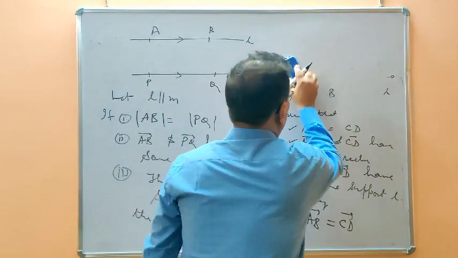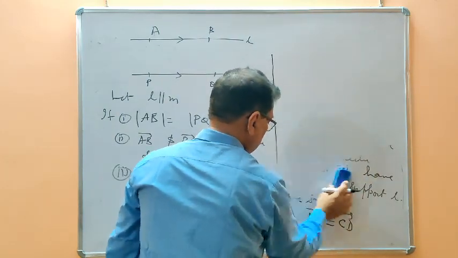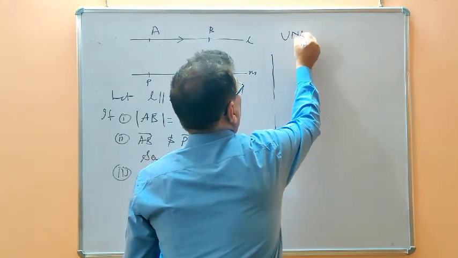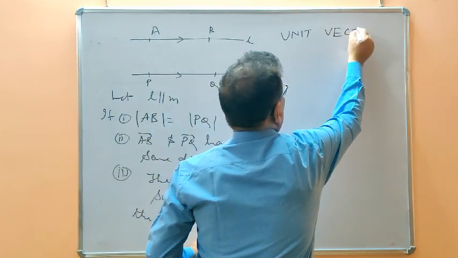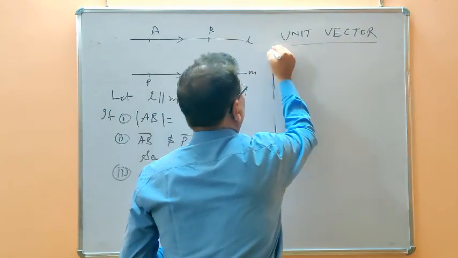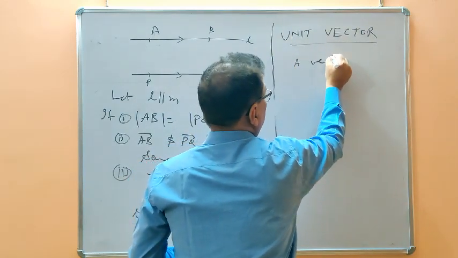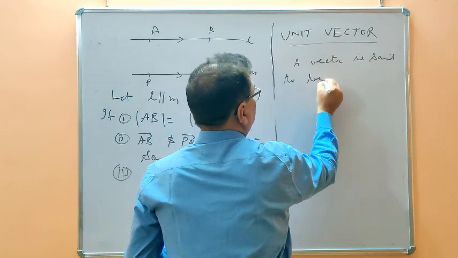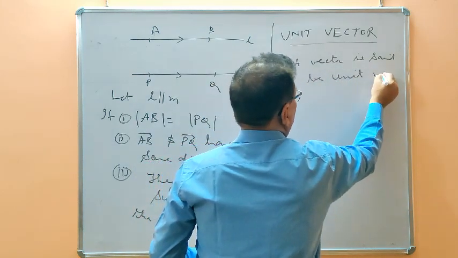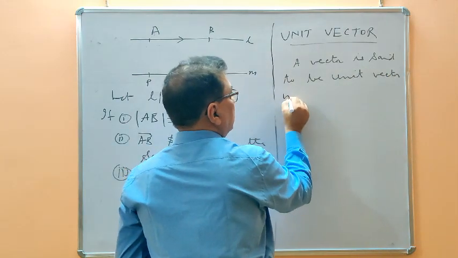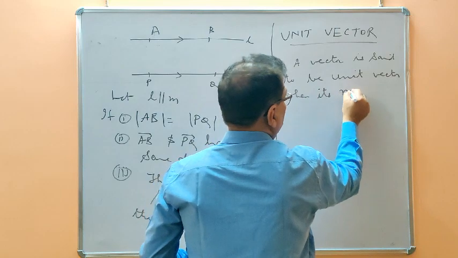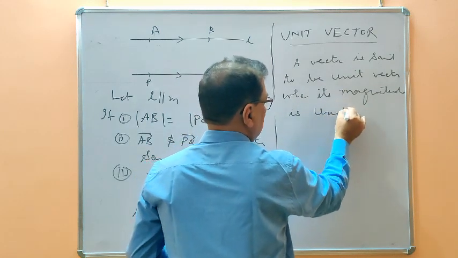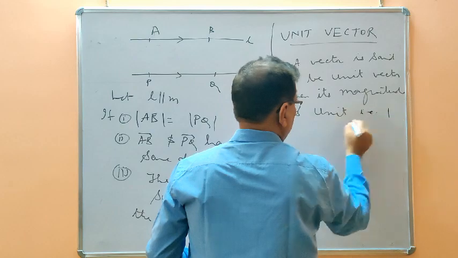Now next is unit vector. Unit vector. A vector is said to be a unit vector when its magnitude is unity, that is one unit.